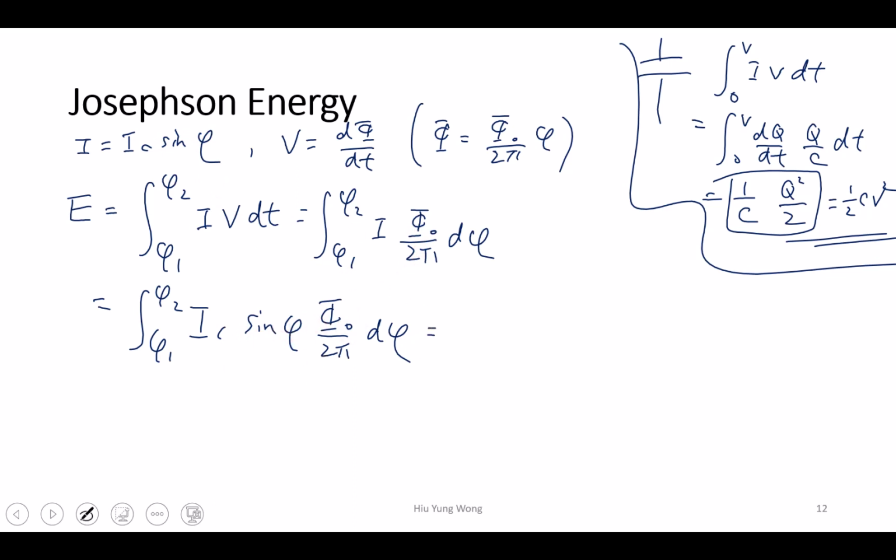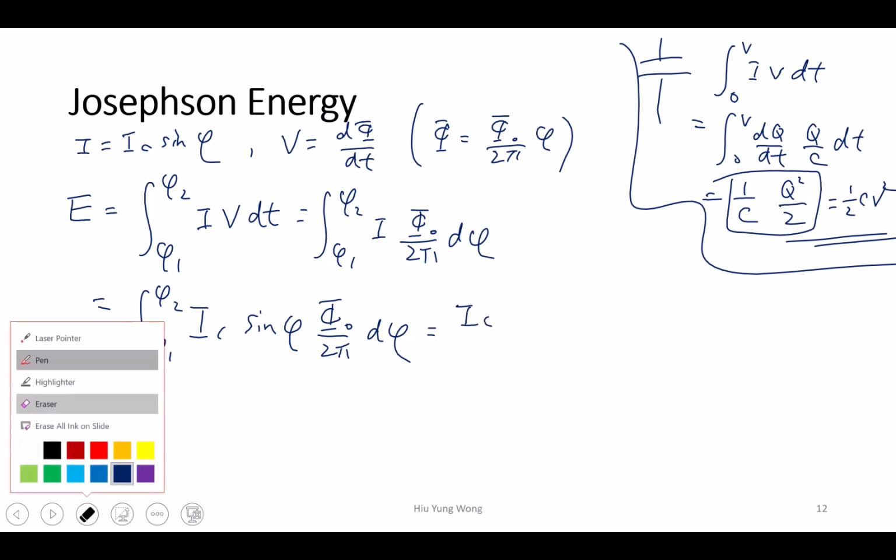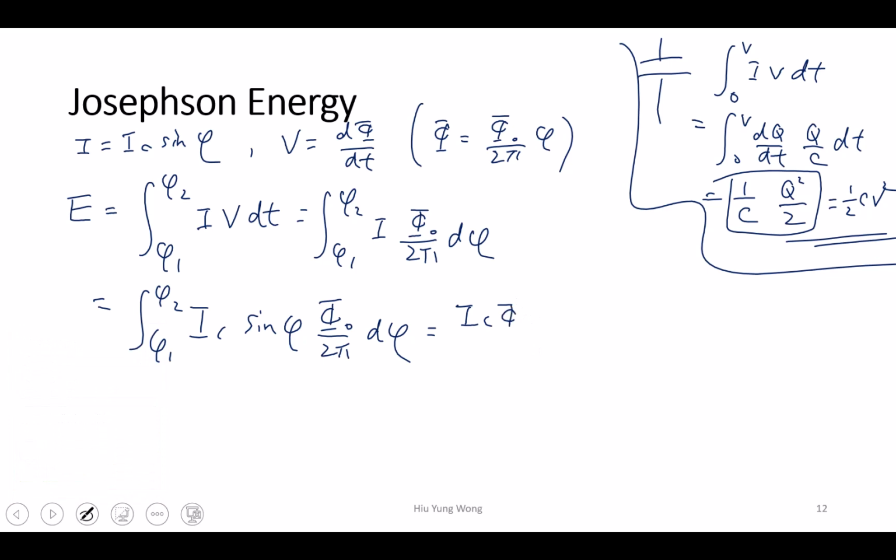This is a constant. I take it out. IC phi 0 divided by 2 pi. And how do you integrate sine phi? It becomes negative cosine phi. And then you put in phi 2 and phi 1, right? So it becomes cosine phi 1 minus cosine phi 2.